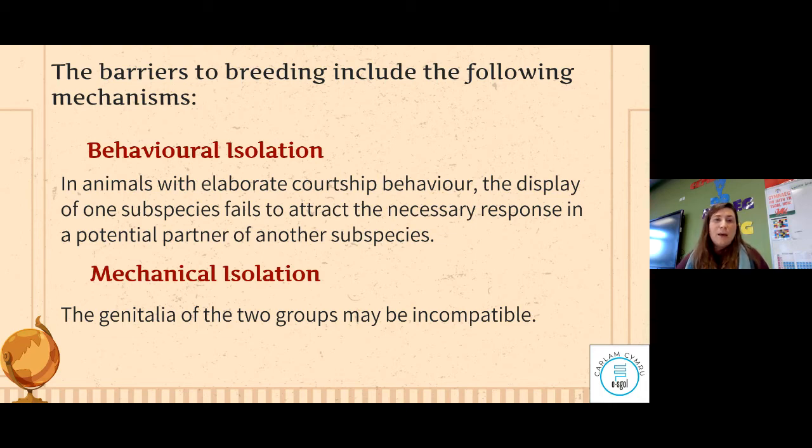For example, when birds dance, some birds dance in order to court and to mate, and that has not been done well enough for them to attract the subspecies. Mechanical isolation: the genitalia of the two groups may be incompatible, so they biologically don't fit together. That's mechanical isolation.